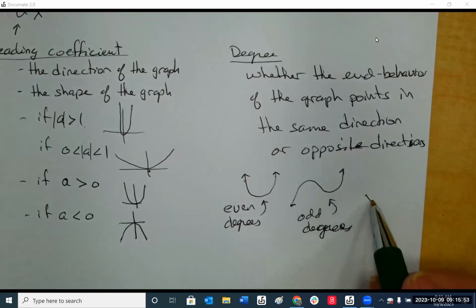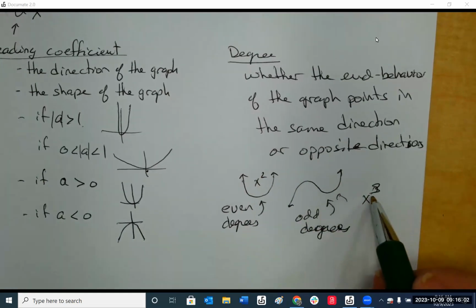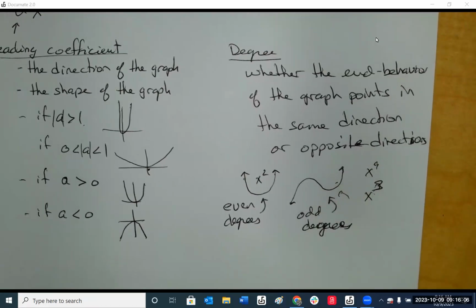So in other words, if we had x cubed, it would look like that. x squared looks like this. x to the 9th would look like this. x to the 20th would look like this.